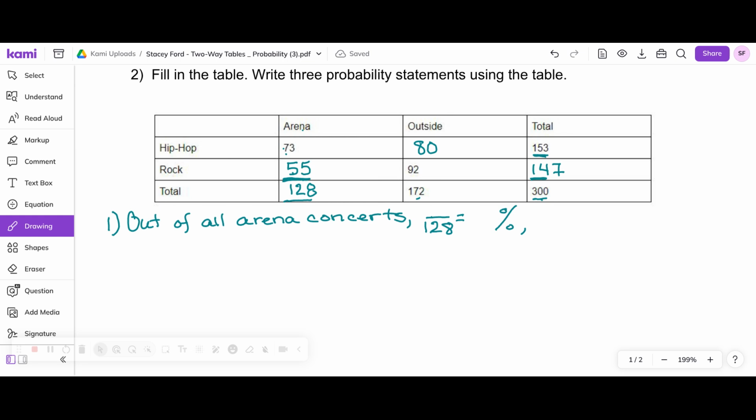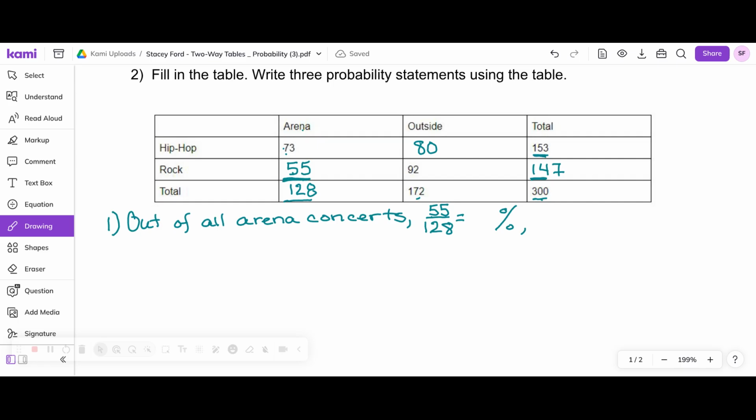From here, I can now go a little bit more specific. Do I want to do rock? Do I want to do hip hop? Whatever I want to do. I'm going to say rock because I like rock. I'm going to say 55, and I'll come back and fill that in, whatever that percent of it is.